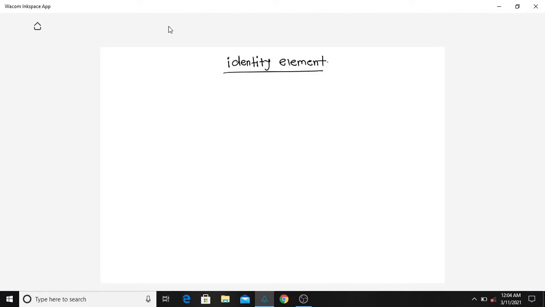Identity element. Now, before understanding the definition of identity element, let us first understand what we mean by left identity and right identity. Let capital S be any set on which star, a binary operation, is defined.